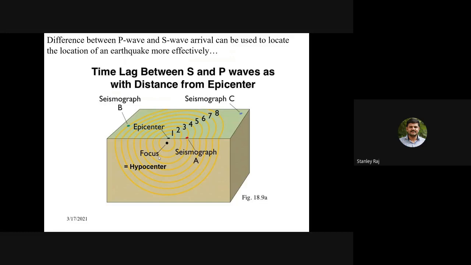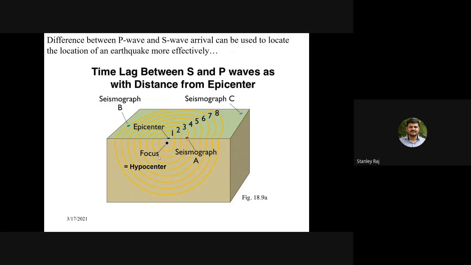So there is a time lag between the S and P waves as the distance from the epicenter increases. The hypocenter is the place where the earthquake originates, and the epicenter is the place on the surface of the earth where the earthquake happened. That is more important, whether it is inside the ocean or on the landmass.